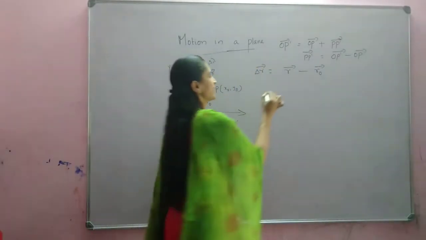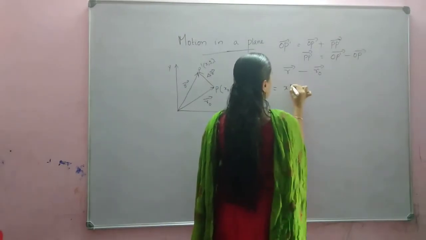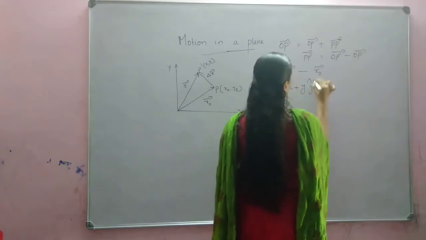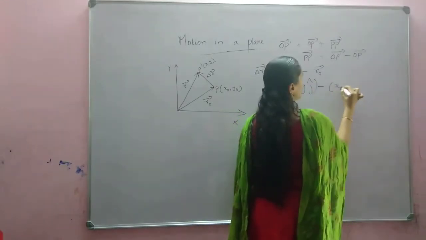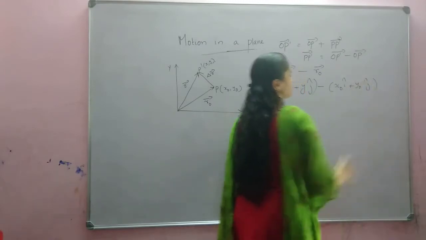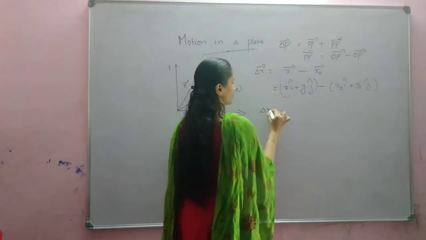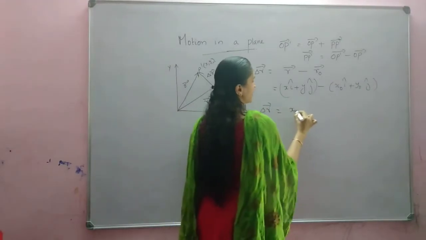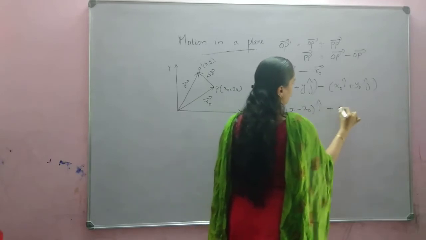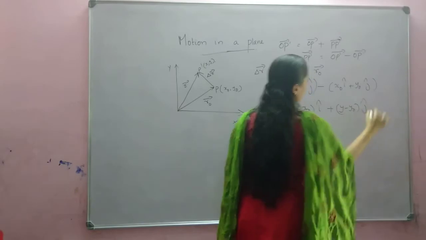Or how can we write it? R can be written as x i cap plus y j cap, minus x0 i cap plus y0 j cap. Or we can write delta R is equal to (x minus x0) i cap plus (y minus y0) j cap.